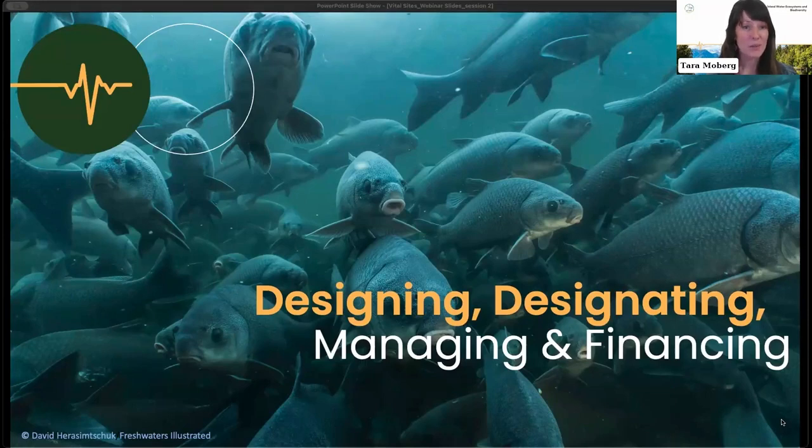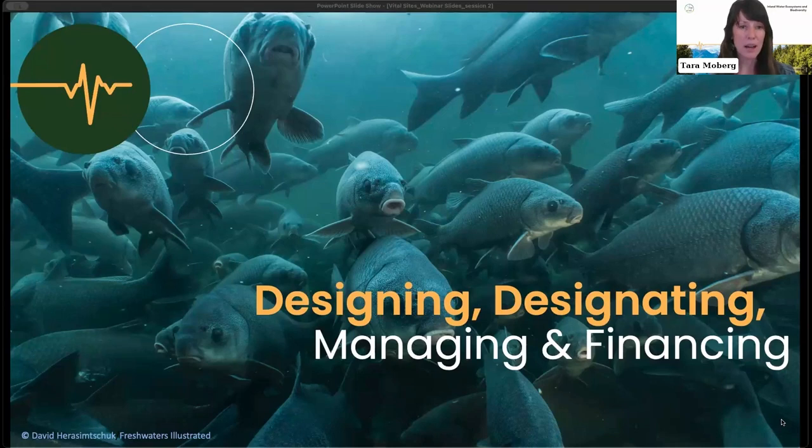So Michelle gave a really strong overview of the first 3 chapters of the report, which, to recap, include a global status of freshwater protection or inland water protection from protected and conserved areas. It also includes the unique considerations for freshwater ecosystems and inland water ecosystems in the use of protected and conserved areas as a tool for conservation.